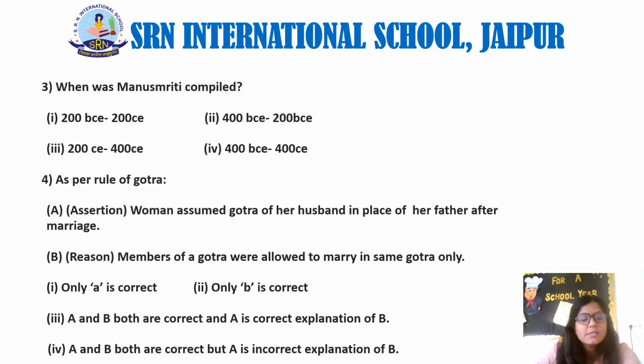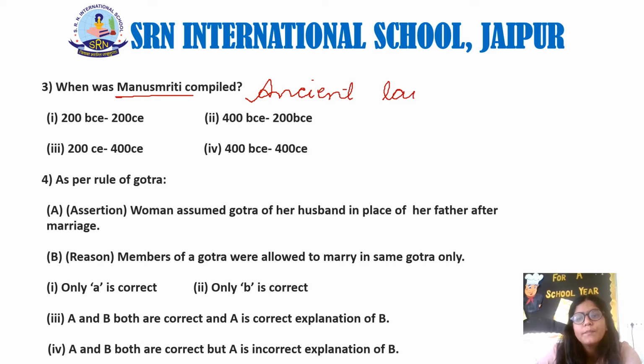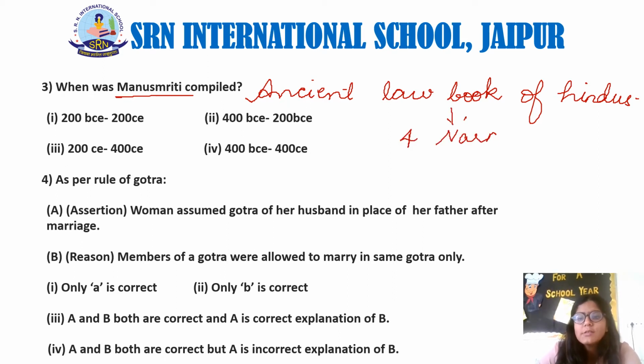The next question is about when the Manusmriti was compiled. Now we'll understand this. Manusmriti is basically the ancient law book of Hindus. This ancient law book governed the functioning of the 4 Varnas. We know the 4 Varnas: Brahmana, Kshatriya, Vaishya and Shudras.